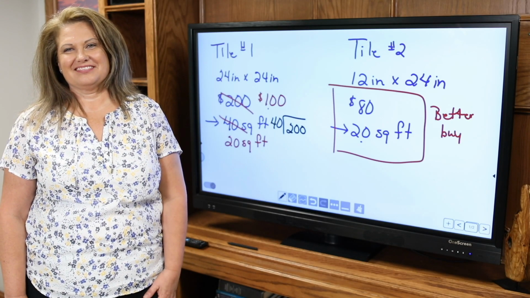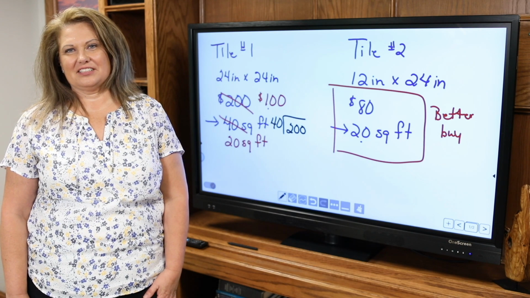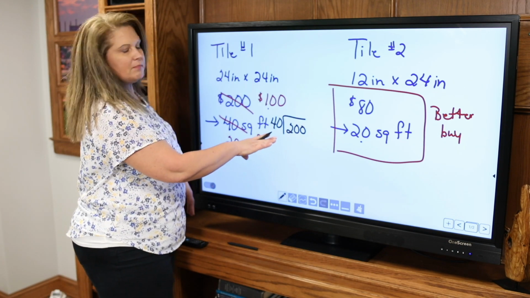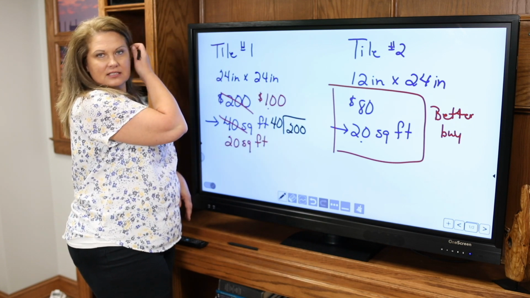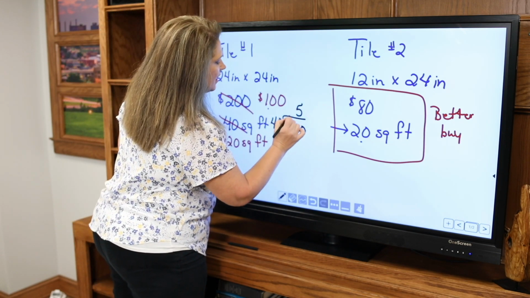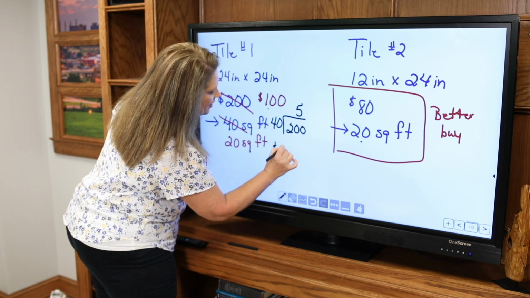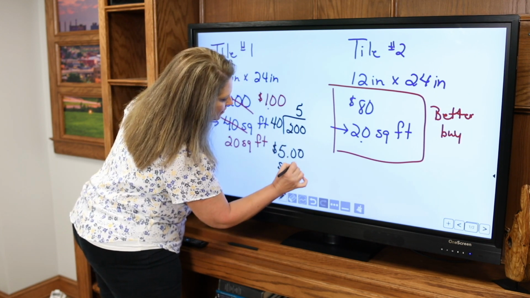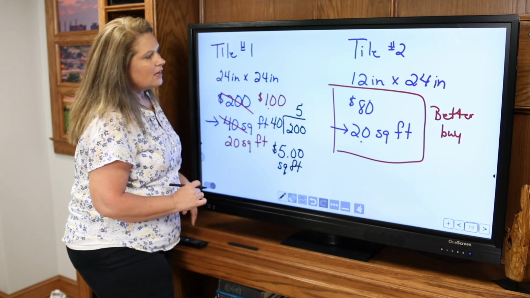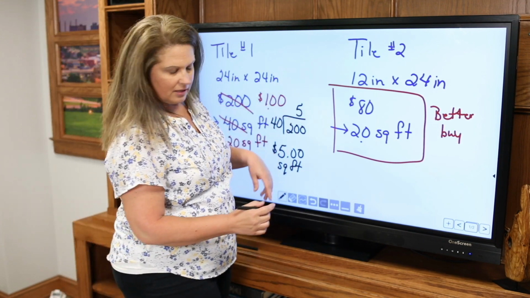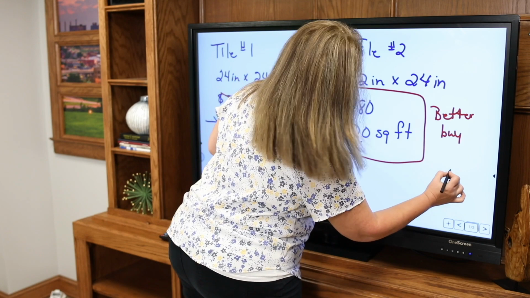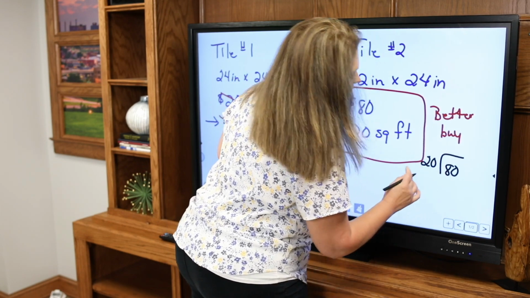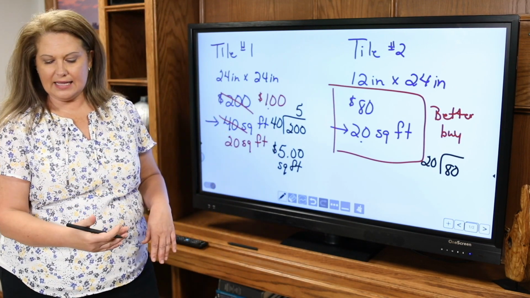So if you look at 200 divided by 40, that's going to go 5 times. So my unit price is going to be $5 per square foot. So if I come over here and look at this one, I'm going to do 80 divided by 20. How many times does 20 go into 80?